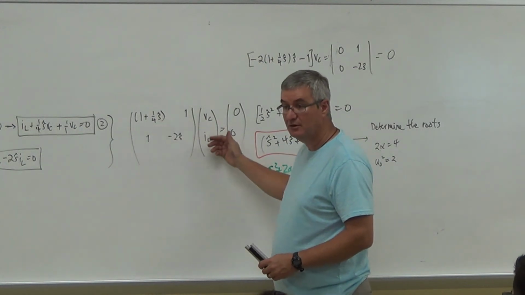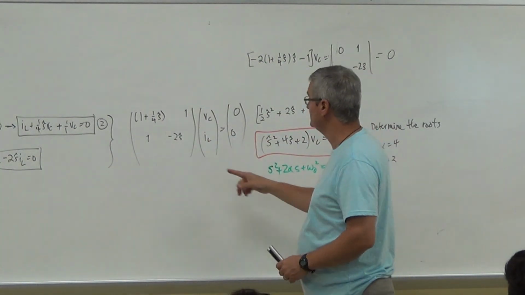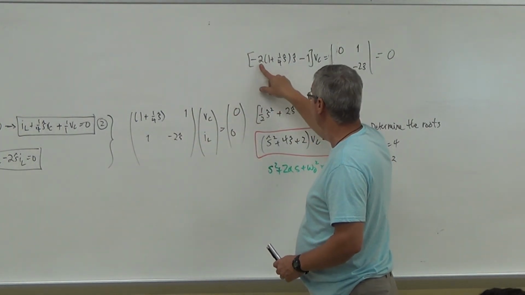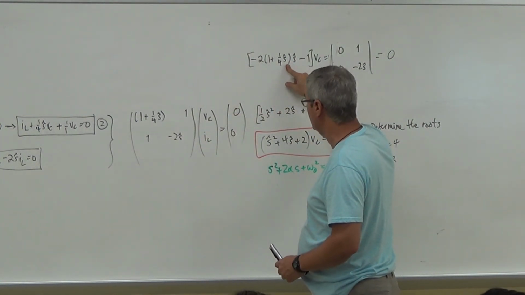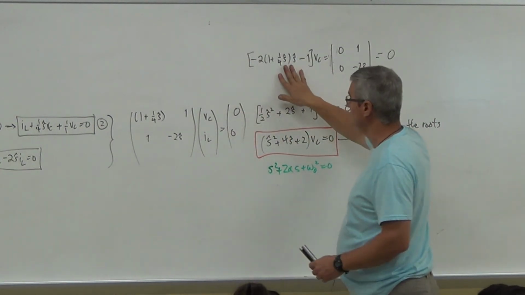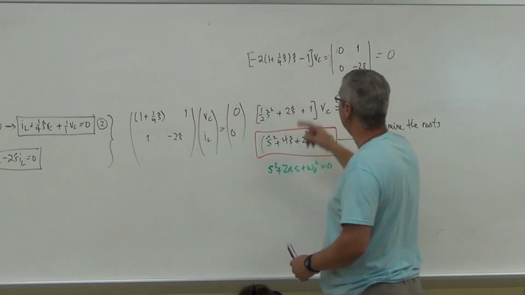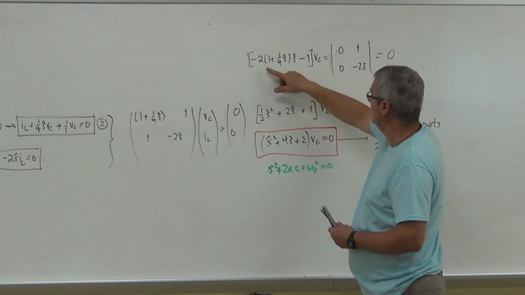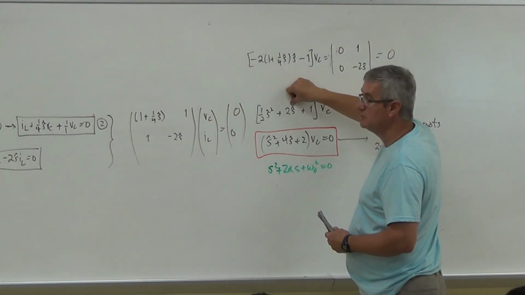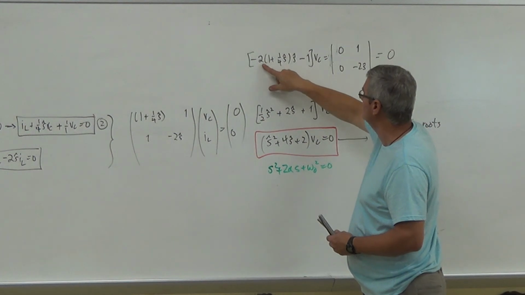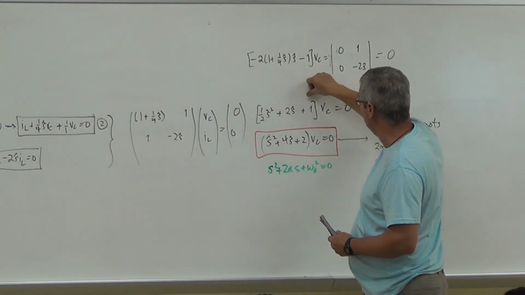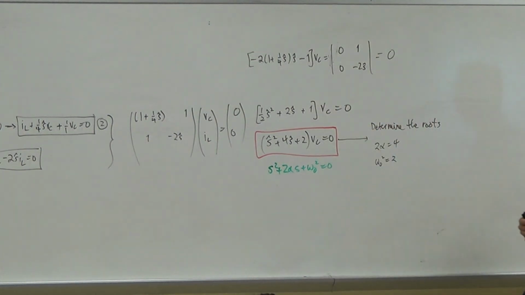I think that looks good. Let's do the multiplication now. If I multiply these two, I take that minus 2, put it right there. I get 1 plus 4S times S. That looks good. And then I get the minus 1. If I multiply this out, I'm going to get 2. That's my term right there. My second term is 2 times a quarter, gives me a half S squared. That should be cool right there.